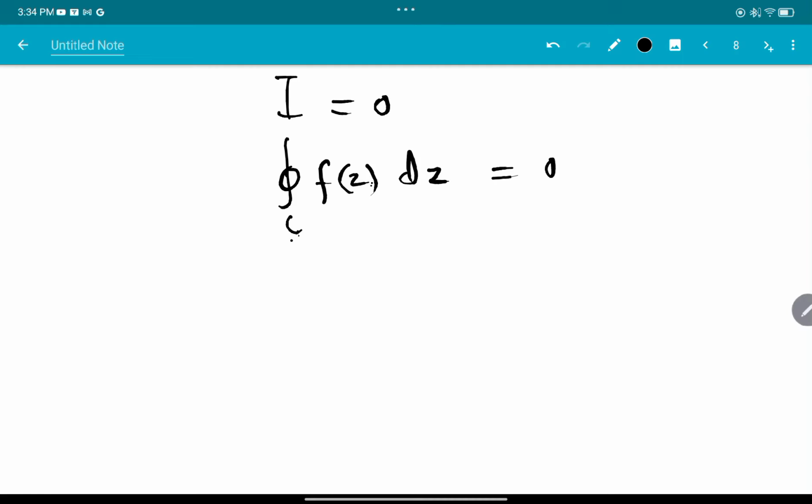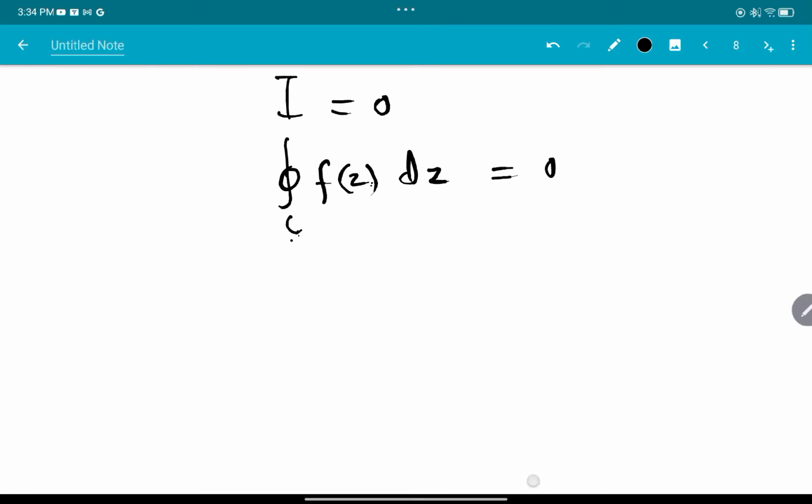In Cauchy's integral formula, we deal with functions which are not analytic at one point. We don't deal with functions that are not analytic at 2 points or 3 points or 4 points. Non-analytic functions are called singular functions. If a function is not analytic at a point, it is said to be a singular function.